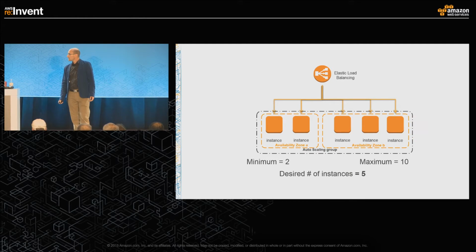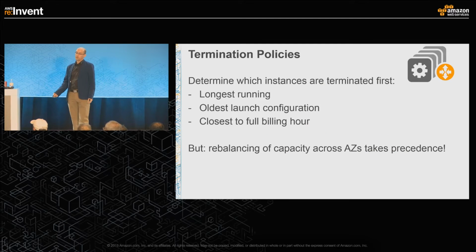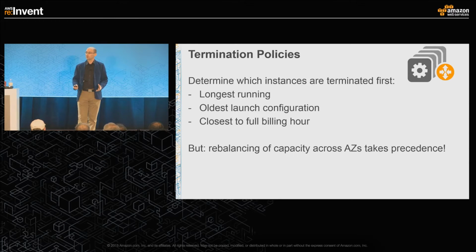Now the question, of course, is how does autoscaling choose which of those 6 instances it will terminate, right? And that's something you can actually configure using termination policies. First of all, the important thing to know is that autoscaling will always ensure that your capacity is balanced across AZs.